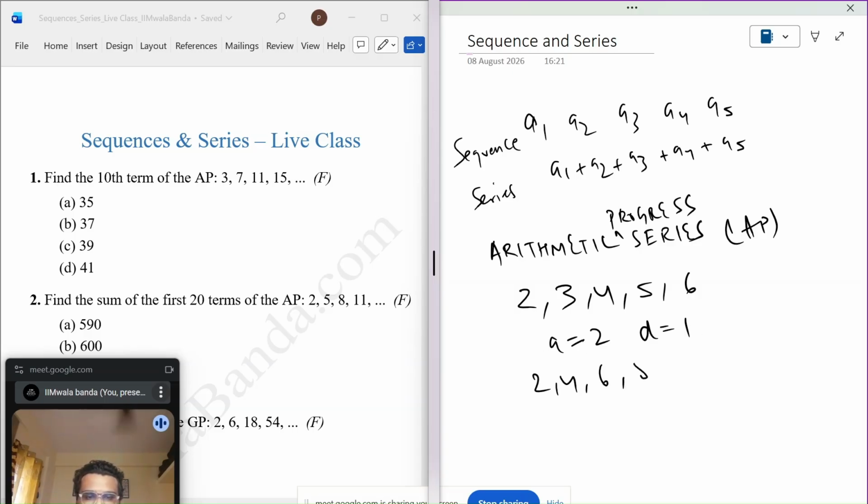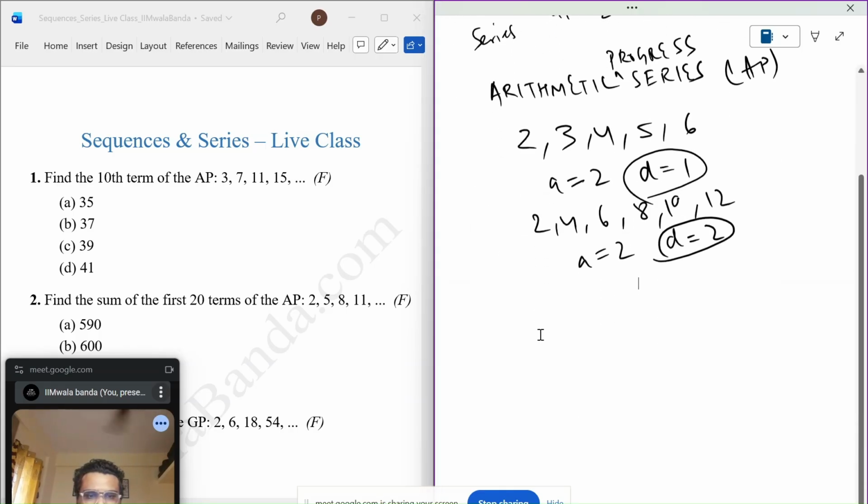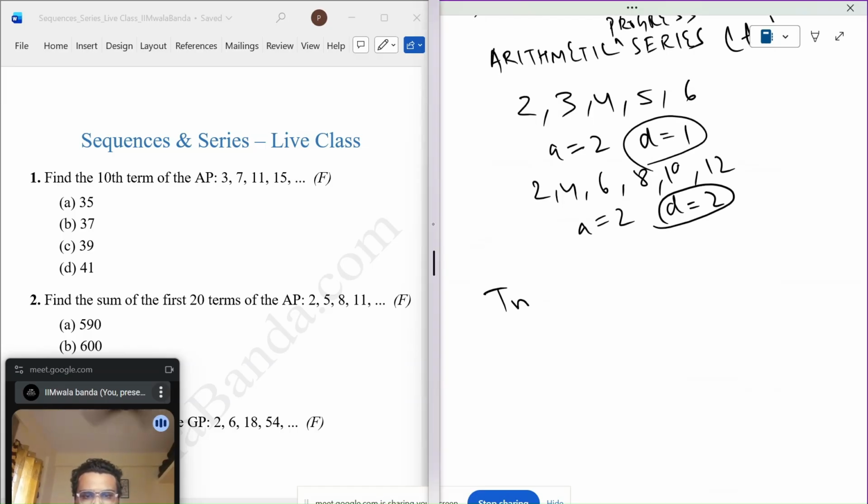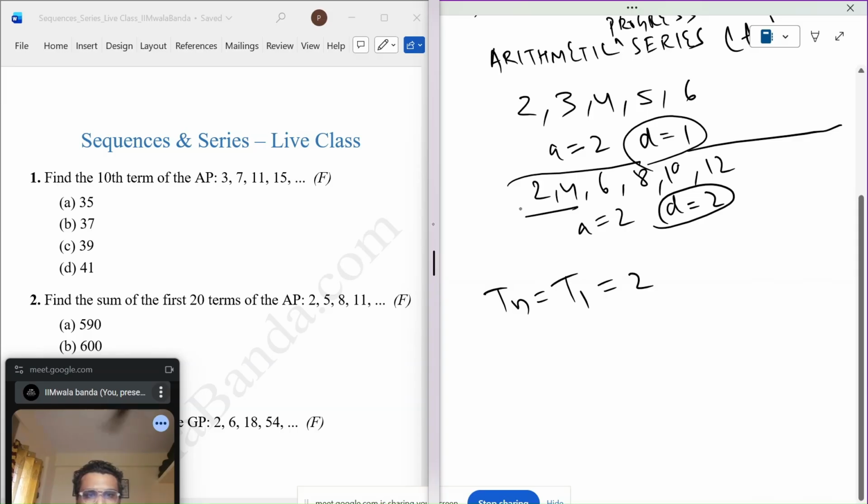Similarly, this is also an AP because the first digit is 2 and the difference between every two digits is 2. So whenever there is a common difference between all the consecutive digits, it will be known as an AP. Now we denote the nth term as T1, which will be the first term. Let's assume this as our series.